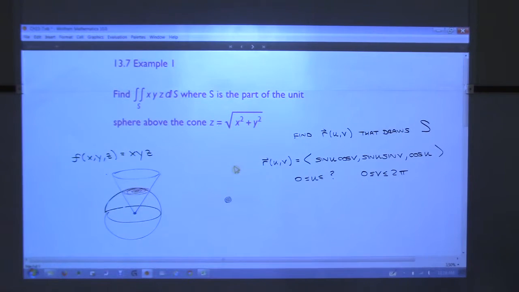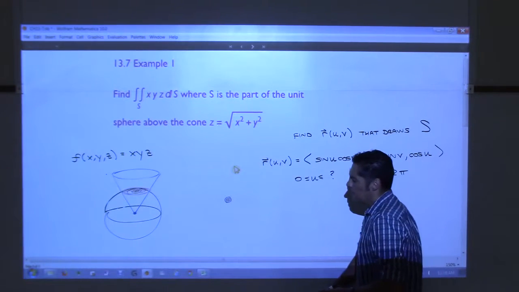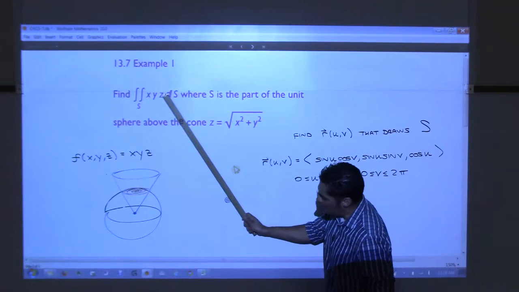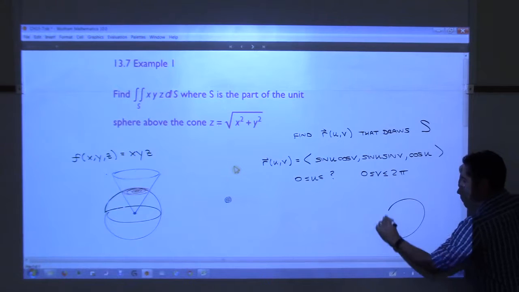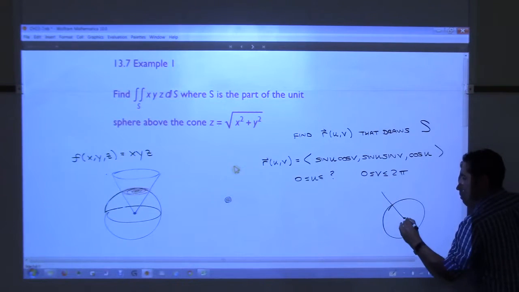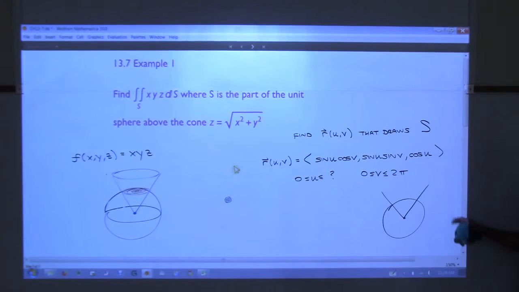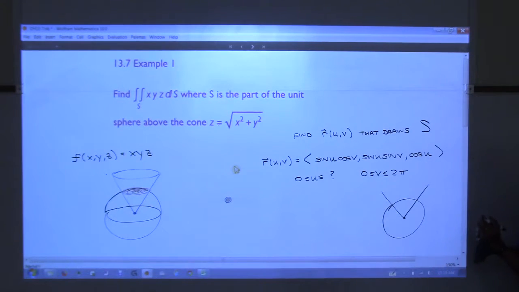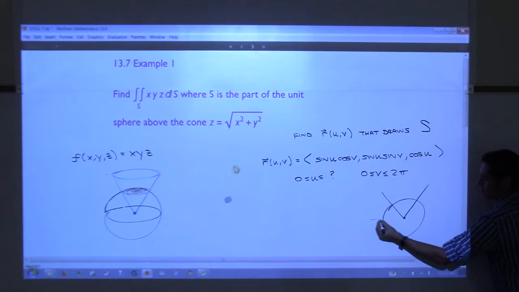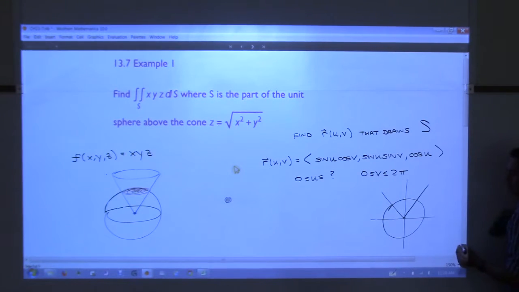The cone is 45. If we slice this in half and look at a cross section, it would look like this. I said that these were like lines off of an absolute value. So let me draw x and z axes here.